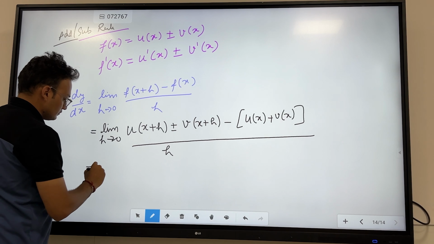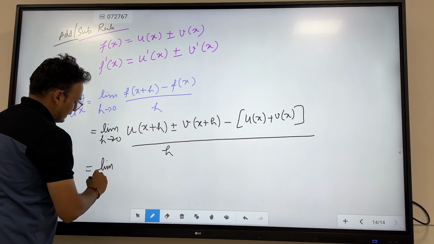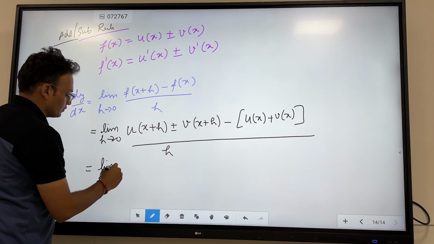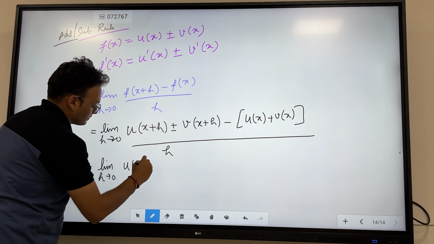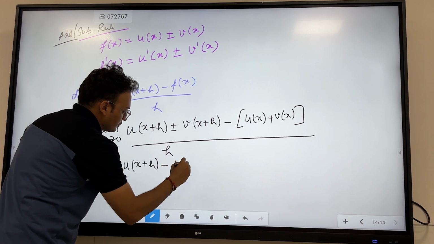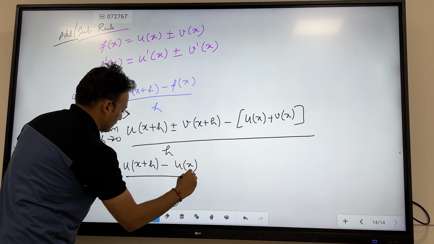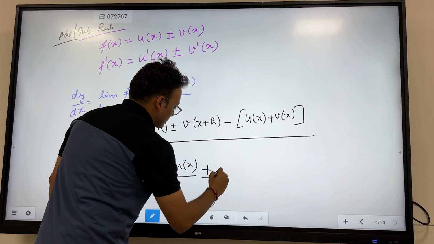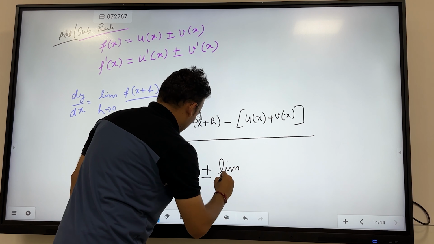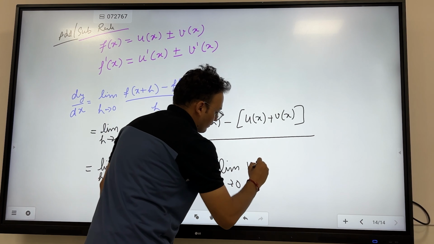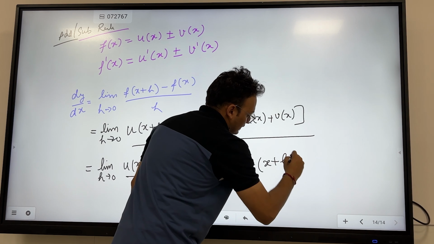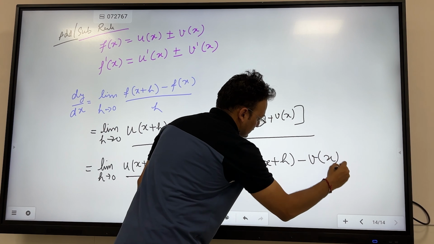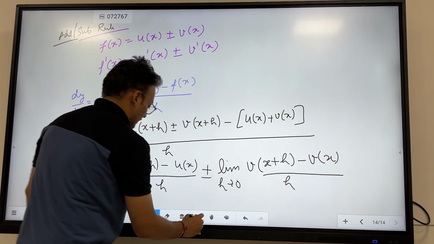Now write the u terms together. So this will be u(x+h) minus u(x) divided by h plus minus the limit as h tends to 0 of v(x+h) minus v(x) divided by h.